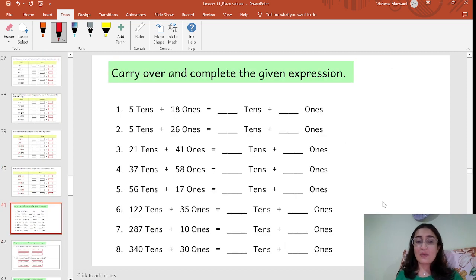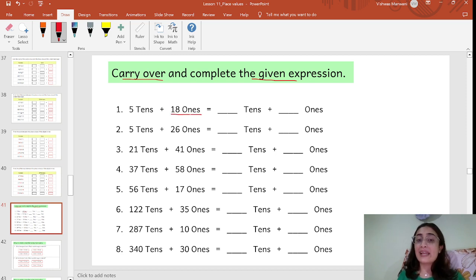Actually, this exercise is quite interesting and it covers all the basic concepts that we have learned so far. Okay, so here it tells me 5 tens, and in this exercise I have to carry over and complete the given expression. Now what I need to do here is look at 18 ones.